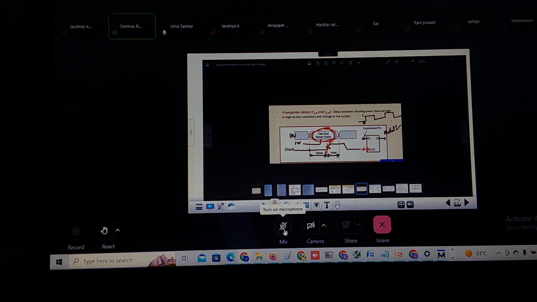Correct, it should be the rising edge. Suppose you are talking about a negative edge triggering flip-flop. Then the setup and hold time should be applicable to what? Whenever the transition goes from 1 to 0, the falling edge. During this time, you should maintain a stable input.